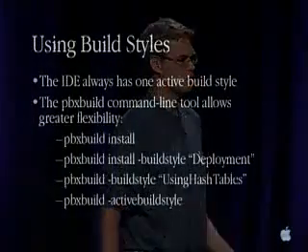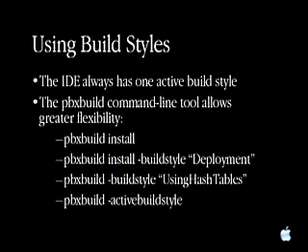The last example here just shows that the active build style that was set in the project is a per-user setting, and so you have access to that from the command line if you use PBX build. The last one says, use whatever build style was active in the IDE when I edited this project. Can be handy.